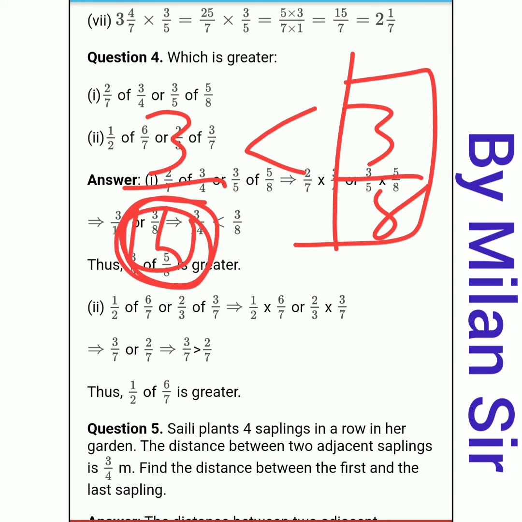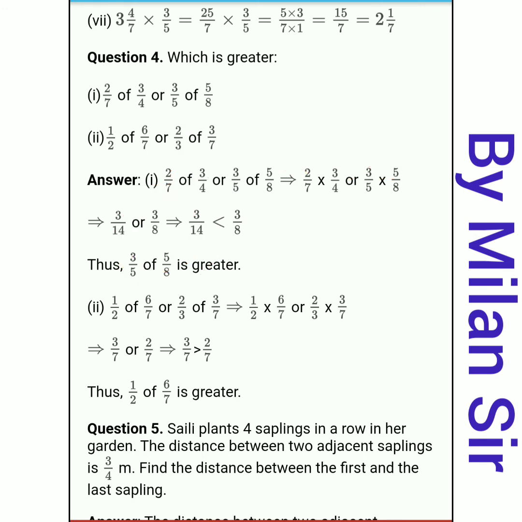So we can say that 3 upon 8 is greater. Now 3 upon 8, it is the answer of this part. So at last we can write this, 3 by 5 of 5 by 8 is greater. Okay, 3 by 5 of 5 upon 8 is greater. So first of all we need to do simplification. After that we need to check which is greater.